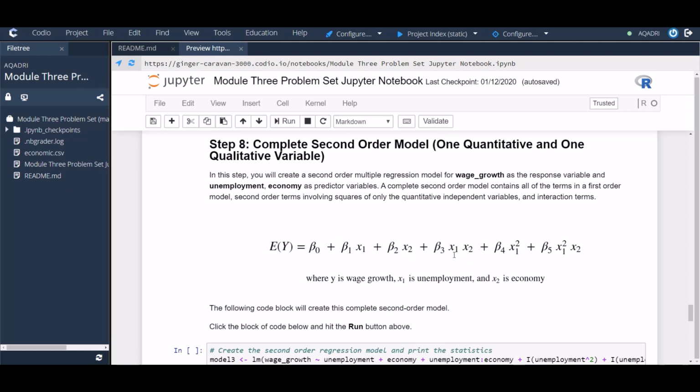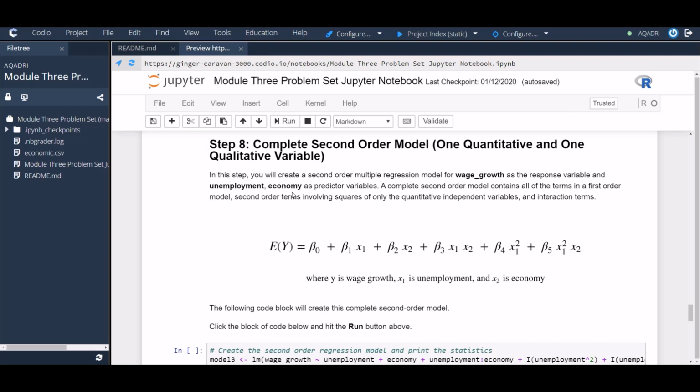You would still include the interaction term, x1 and x2, because that's legitimate. You can include that in the model. But you would also include one other term, that is the interaction between x1 squared and x2. That's what's different in this case.